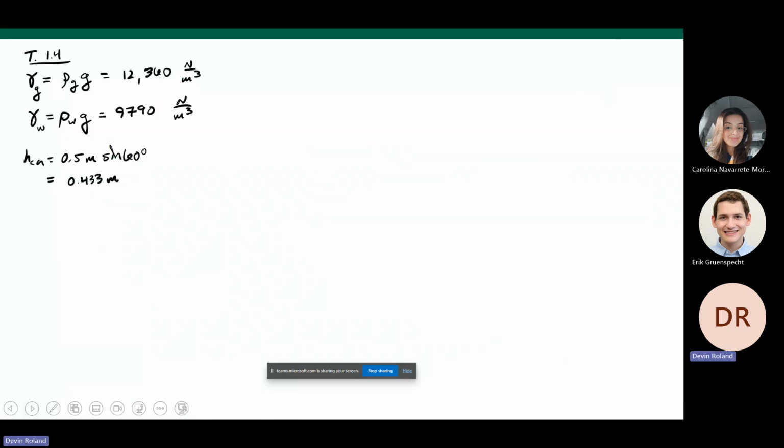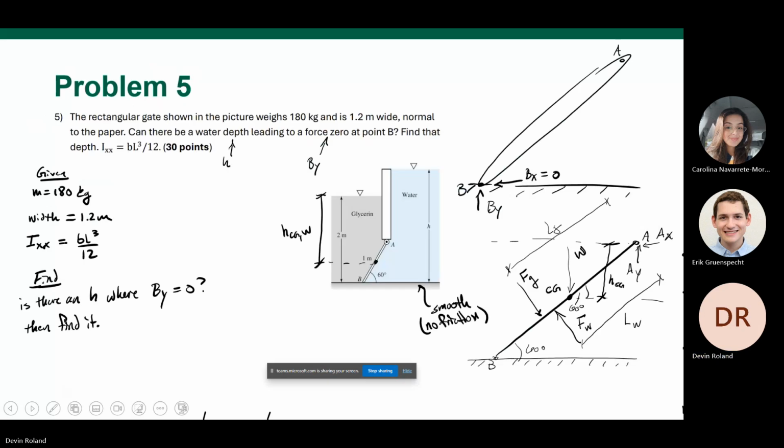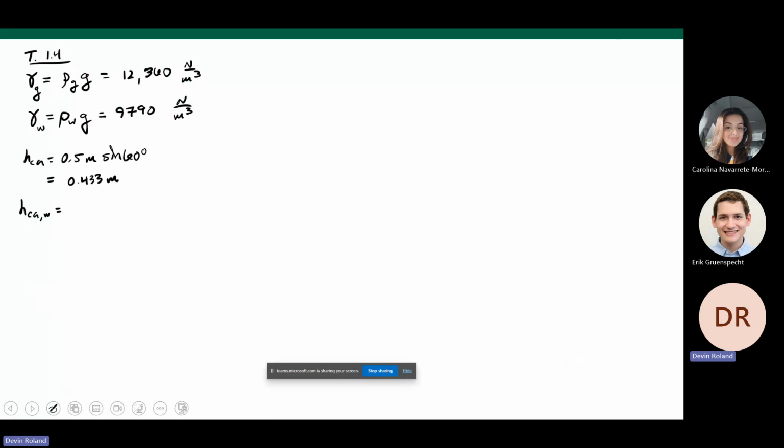So HCG of glycerin, I'm sorry, that's glycerin, is going to be 2 meters minus 0.433 meters, which is 1.567 meters. Okay.